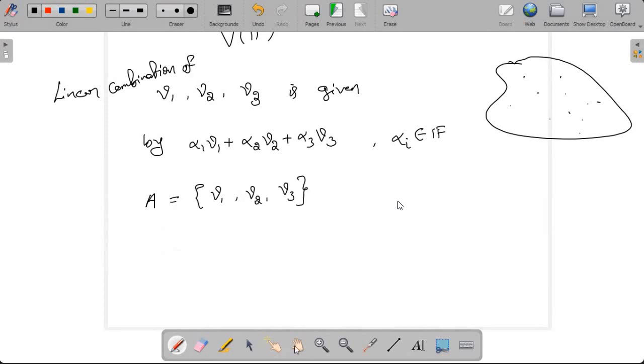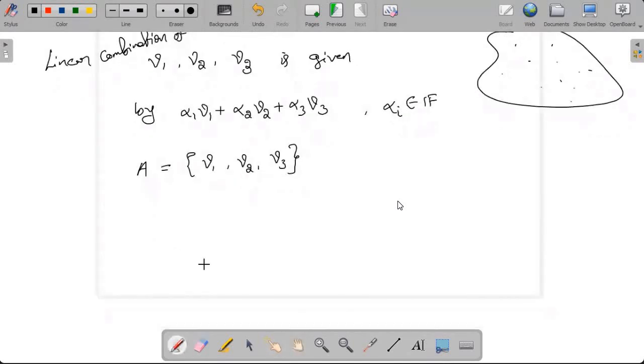There are just three vectors in it. Now if you consider the set of all linear combinations of these elements, try to understand one thing here. You have written only one combination. So now I would like to consider all possible combinations.